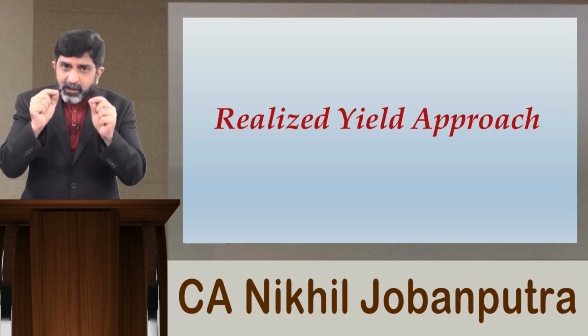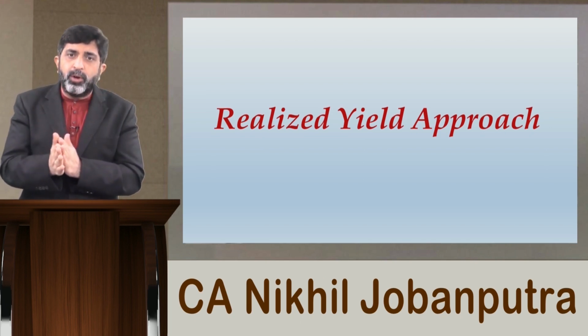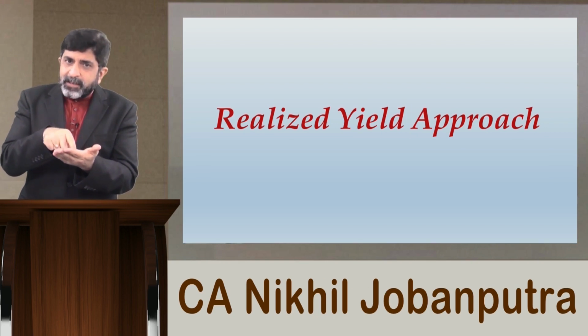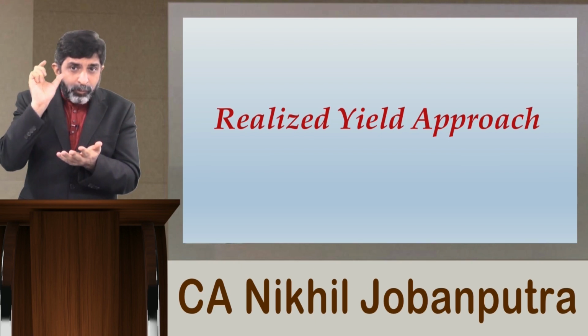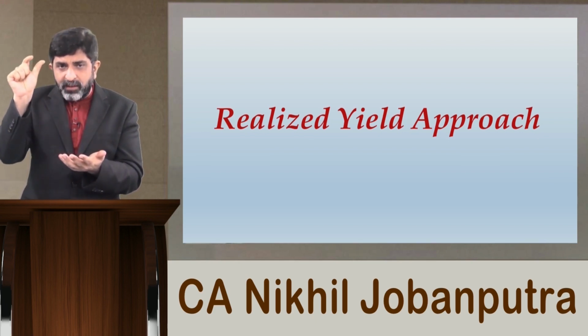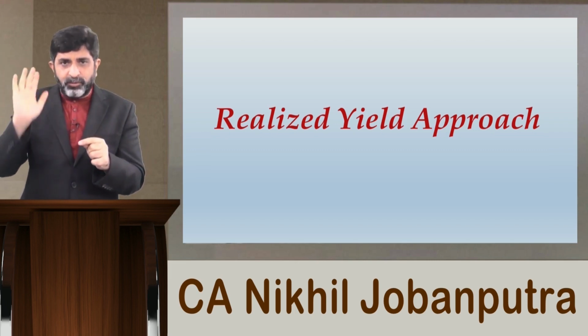But what is the significance of realized yield approach? Let me explain this first. Suppose you want to find KE. How do you find KE? By using the base formula we have learned, KE equals (D1 plus P1 by P0) minus 1.